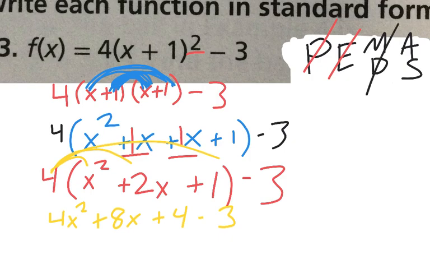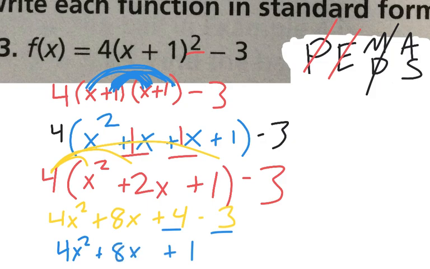I have nothing being multiplied or divided anymore. Is there anything being added or subtracted that I can simplify? The 4 and the 3. 4 minus 3, those are like terms. 4 minus 3 is 1. Do I have any more like terms? Can you do 4 and 8? No. It has to be the same exponent.